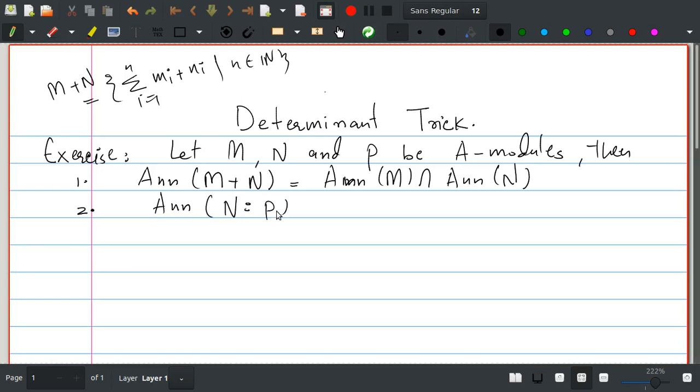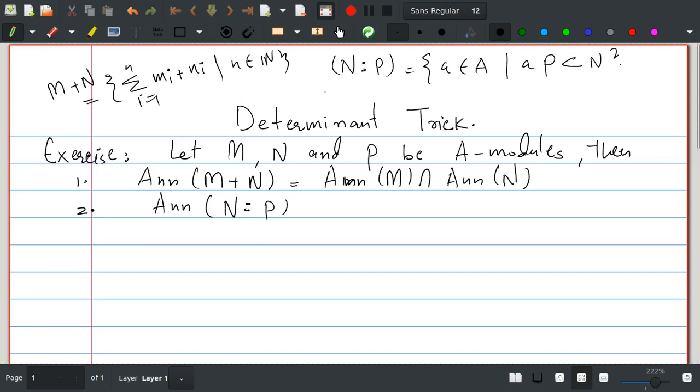Note that the colon of these two modules is actually an ideal of A. If N and P are A-modules, then we define their colon to be the set of elements a of A such that aP is a subset of N. Note that this is an ideal. So the annihilator of this thing is actually the annihilator of the quotient (N plus P) mod N.